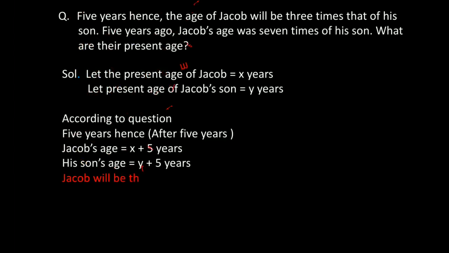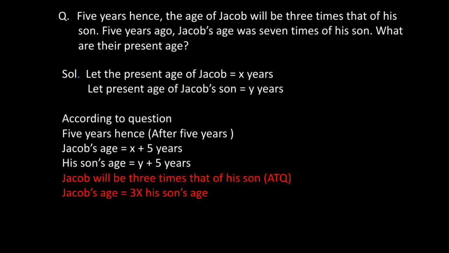Now, according to the condition, Jacob will be 3 times that of his son. So after 5 years, Jacob's age equals 3 into his son's age. After 5 years, Jacob's age is x + 5, and after 5 years, his son's age equals y + 5.